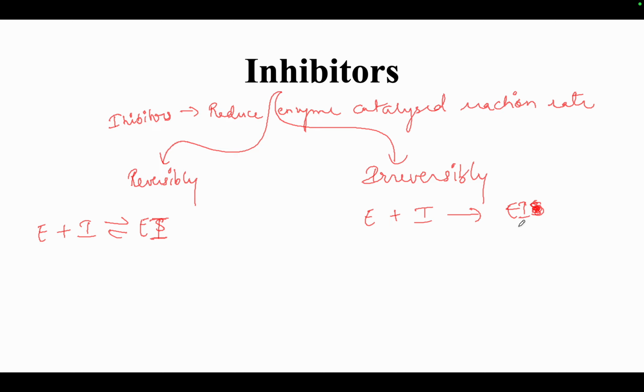That means once you add these irreversible inhibitors to the enzyme, they will bind to the enzyme irreversibly and make a complex, that is EI. So these are the two different inhibitor types, and there are different methods in order to study different inhibitor types.